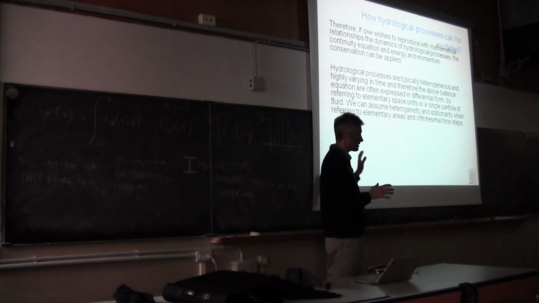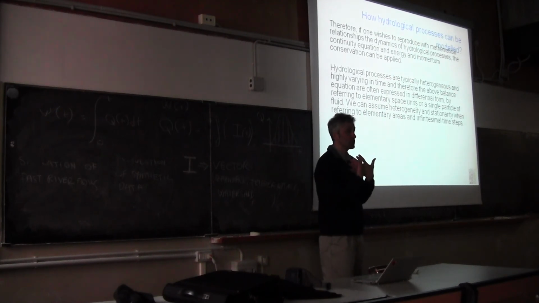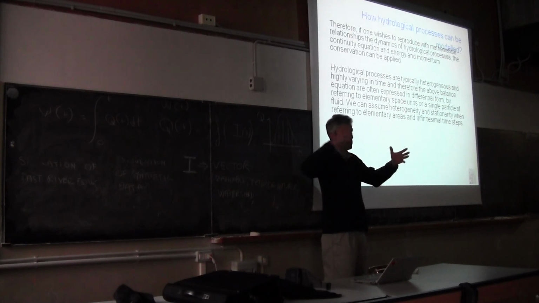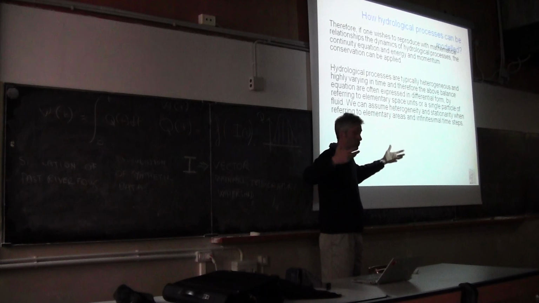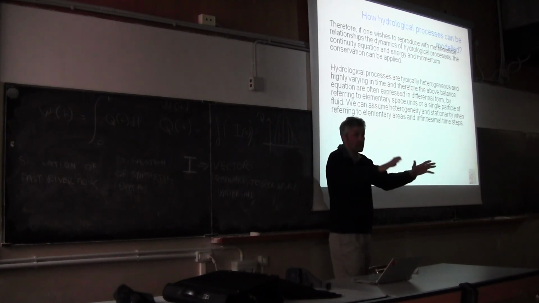And the problem is that if the volume is heterogeneous, so if I decide to use a control volume that is extended like a catchment, and I apply the conservation of mass of water to the catchment, but the catchment is heterogeneous, meaning that the water is not uniformly distributed.